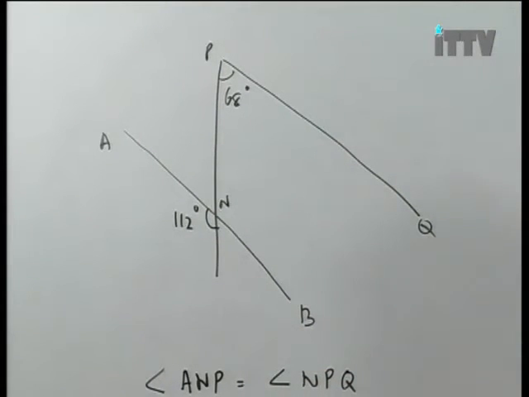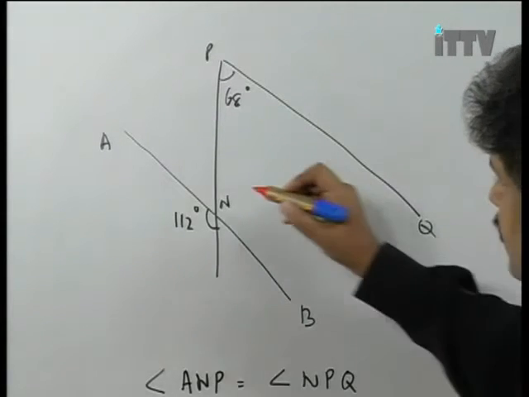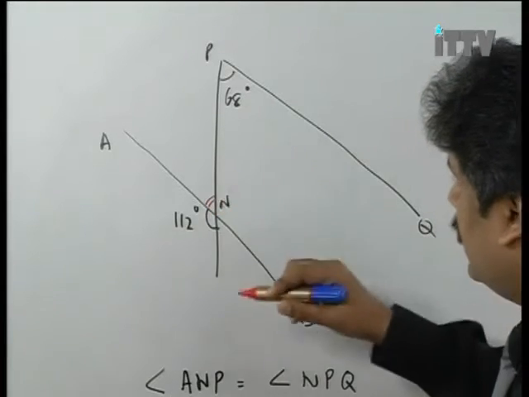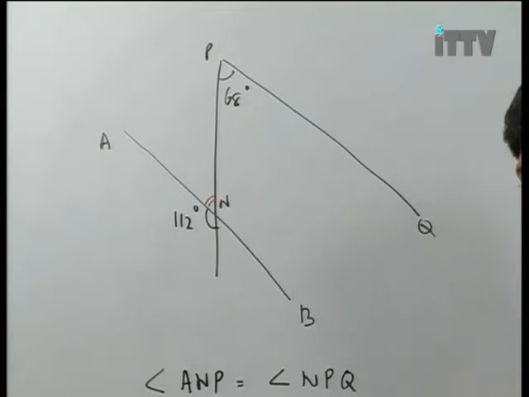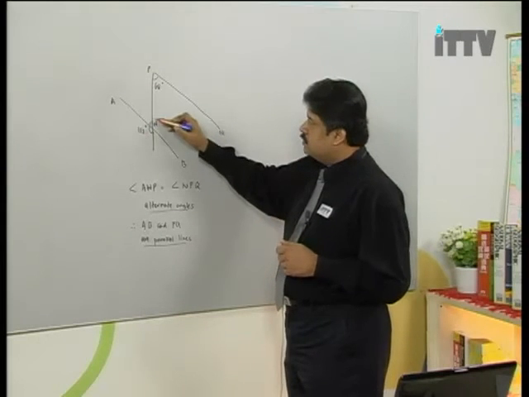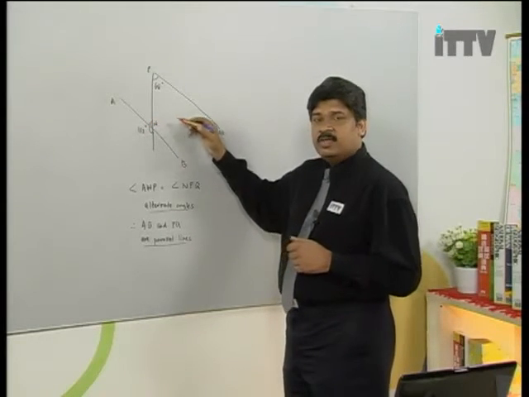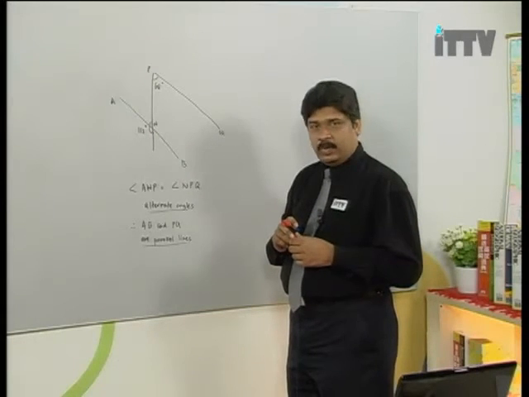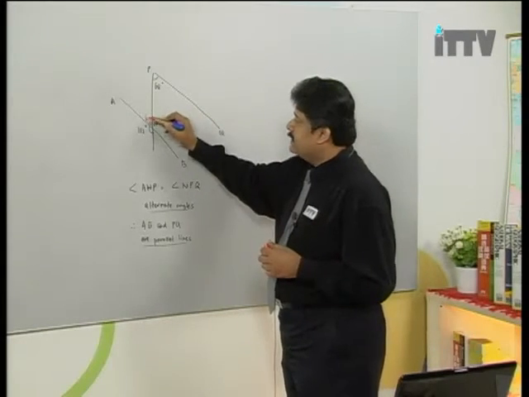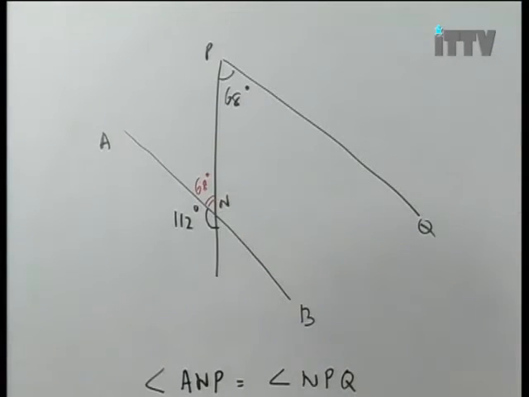Now, on a straight line, the sum of angles would be 180 degrees. Therefore, we can find the value here, because PN downwards is also a straight line. The answer here would be 180 degrees less 112, and we obtain 68 degrees.